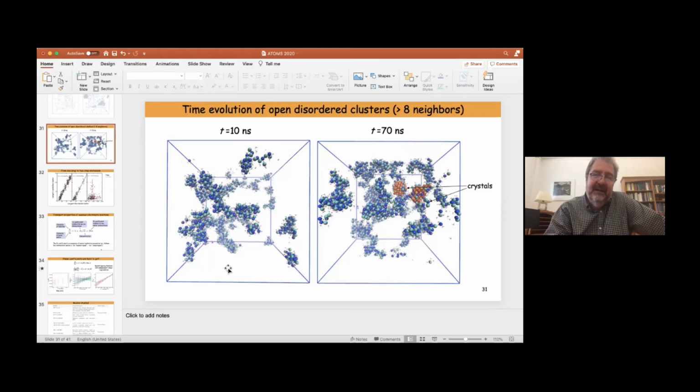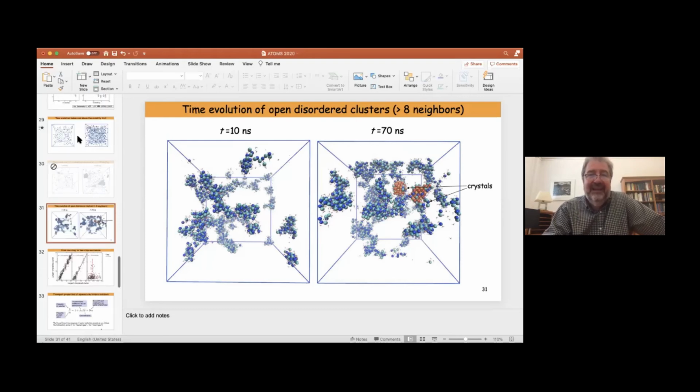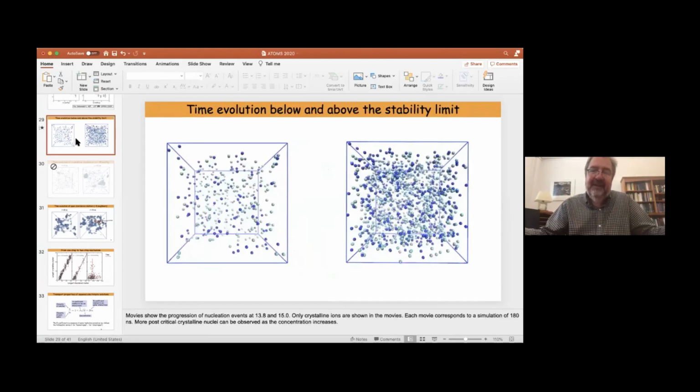These are relatively large systems, and in order to see nucleation and growth, the system size clearly influences when you see them. It also depends very sensitively on the supersaturation. So we were not looking at quantitative, but rather qualitative aspects of the mechanism of nucleation.